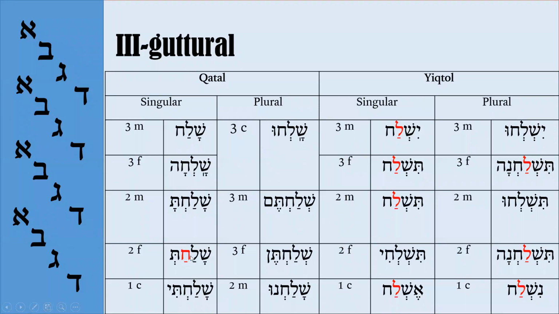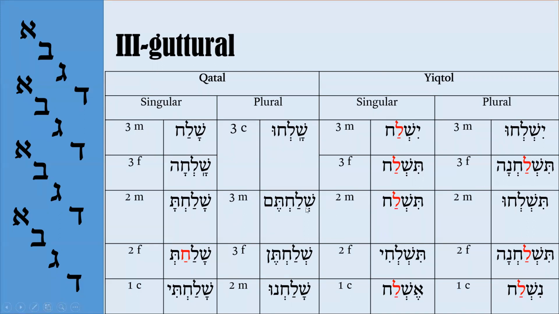So this is the only change in this paradigm. And in all other cases, when the third guttural needs to take sheva, it will take sheva. So they allow a third guttural letter to take sheva. And in the yiktol conjugation, there is no problem at all, but the only change is that the thematic vowel is not cholem, but patach, and you can see it everywhere.